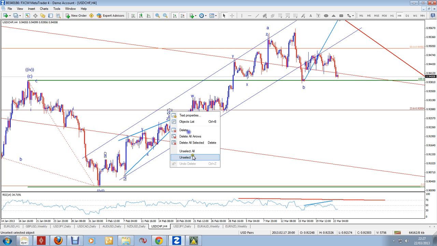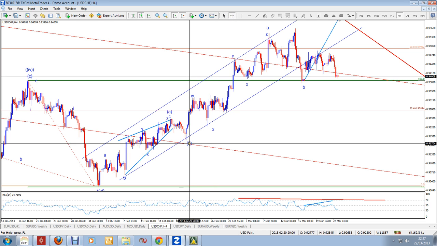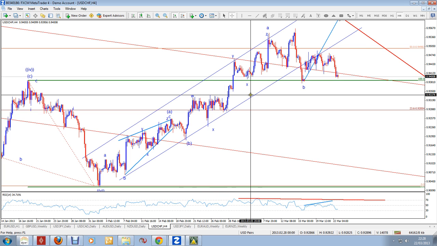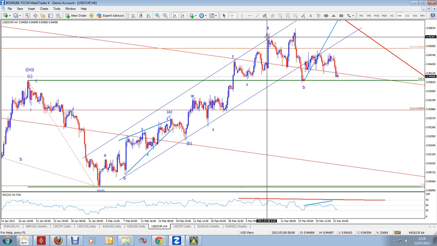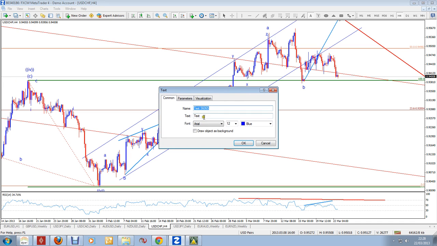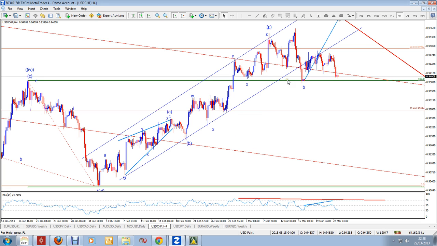So I've indicated that as A in bracket, and we've got B in bracket. Then again we're going up, in which case we've got W, X, Y, X, Z. So effectively what we've got is wave A, wave B, and this one finishing up as wave C.